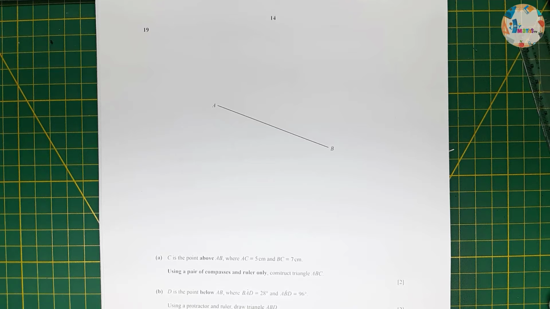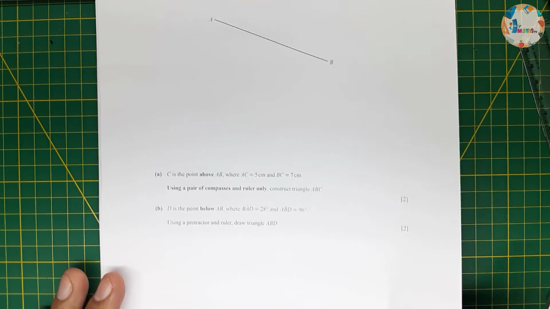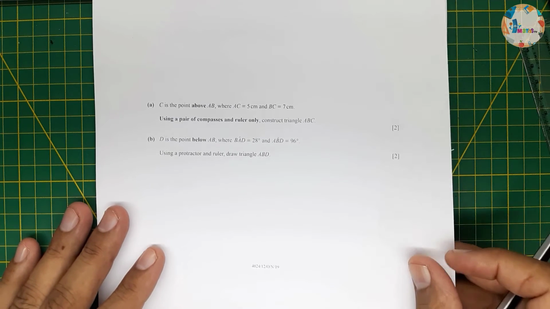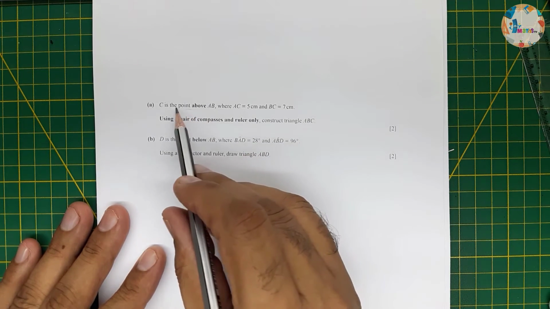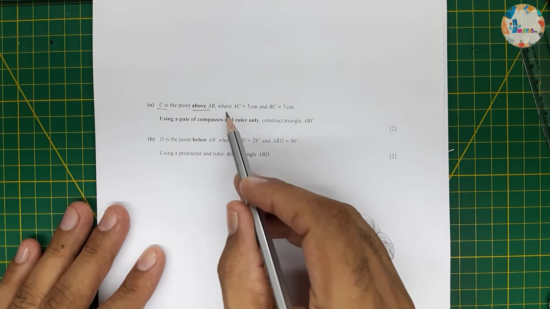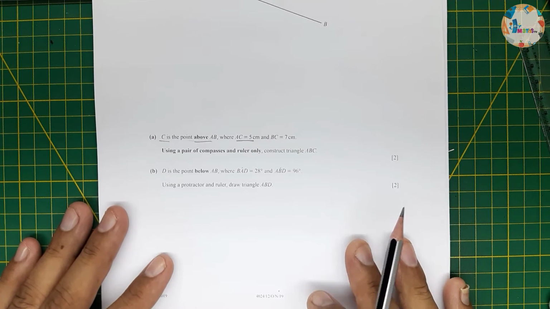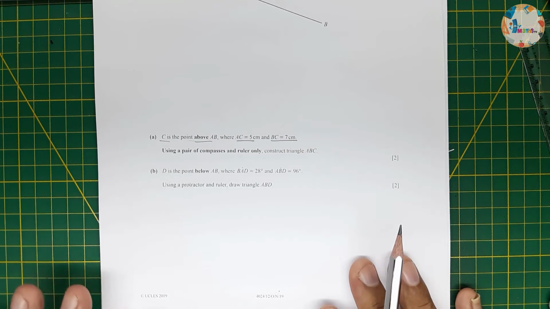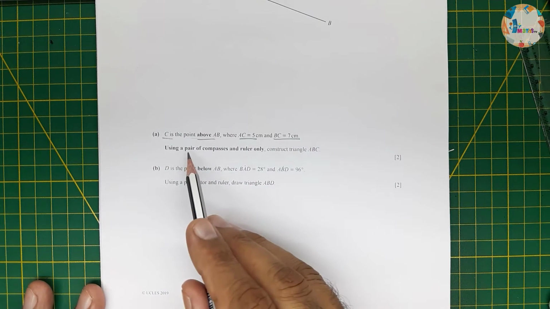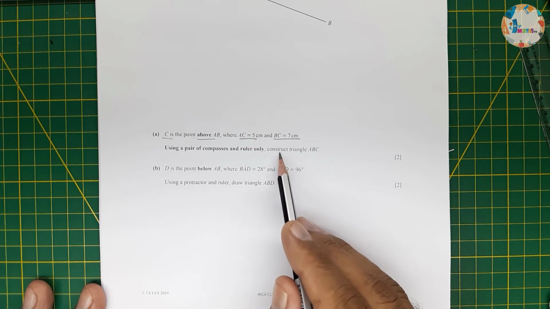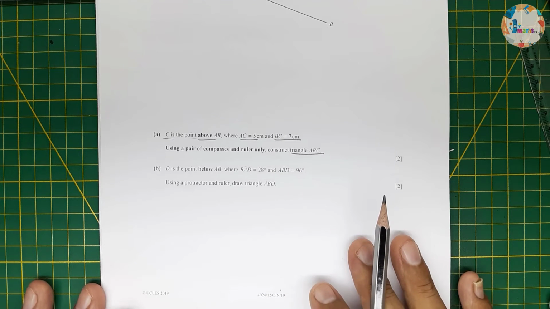Question number 19. This line is given AB. C is the point above AB, where AC is equal to 5 centimeter and BC is equal to 7 centimeter. Using a pair of compasses and ruler only, construct the triangle ABC.